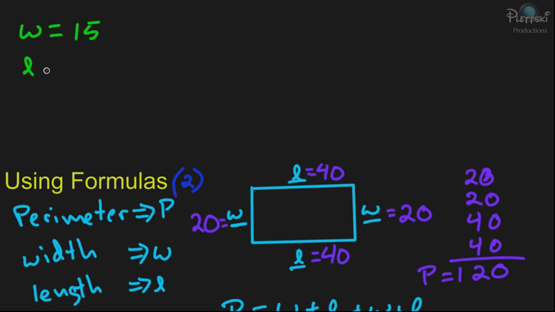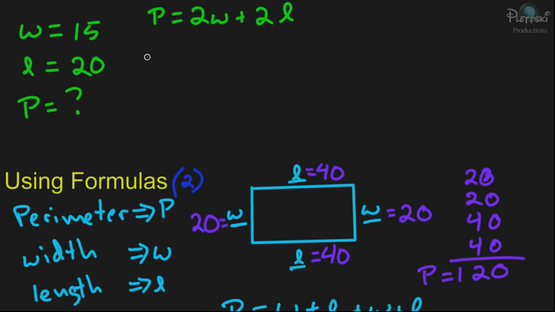The length is 20. And I want to find the perimeter. Now you could draw a picture and label it and then add them up, or we can use our formula, which was P equals 2 times the width plus 2 times the length.